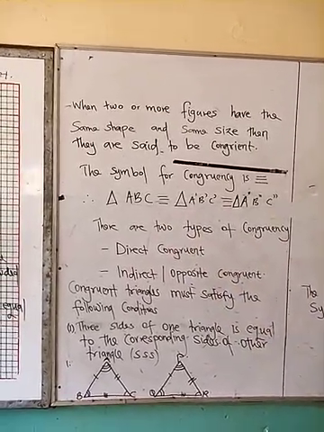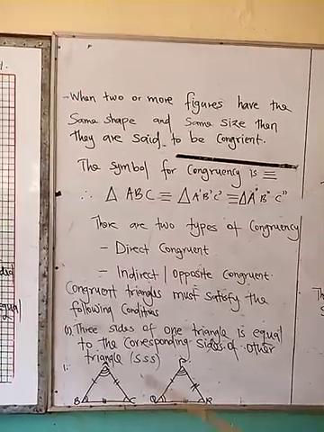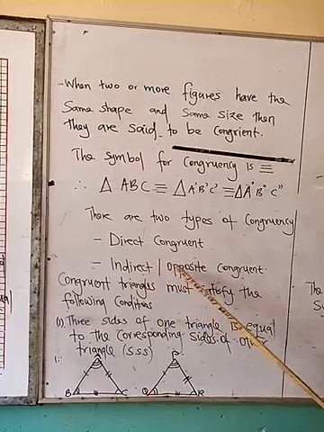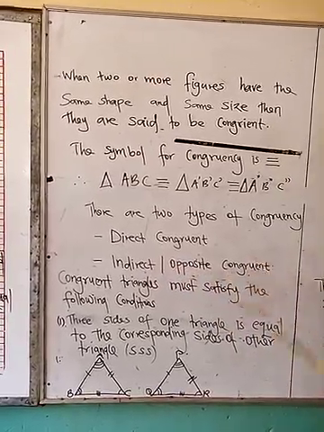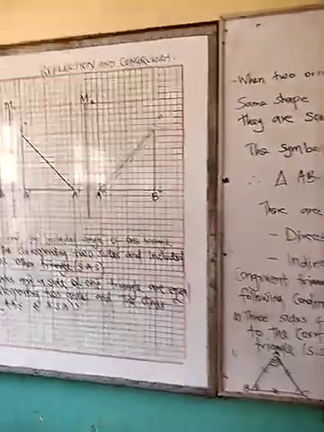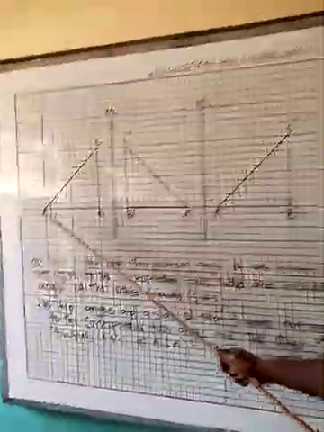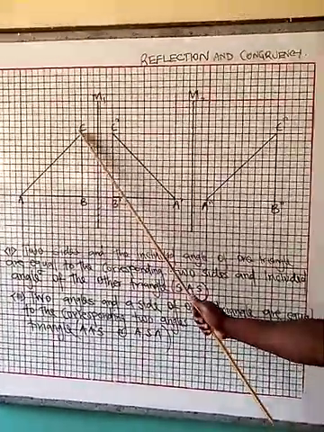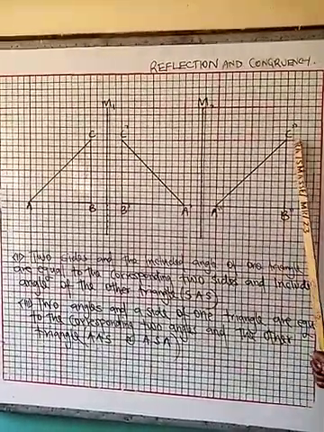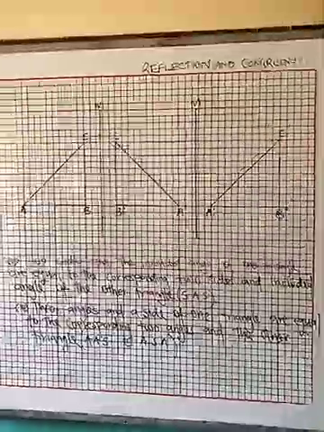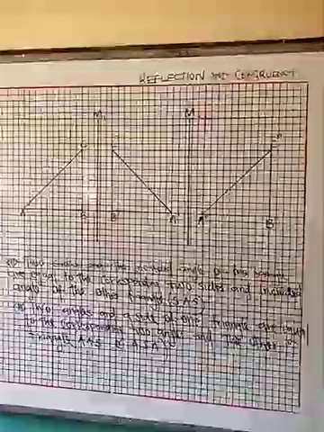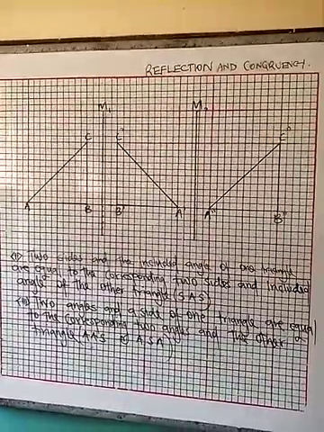There are two types of congruency. We have the direct congruent and indirect or oppositely congruent. Now, when you go back to our diagram, we see that triangle A, B, C, and A double prime, B double prime, and C double prime are facing the same side, and they have the same size and same shape.